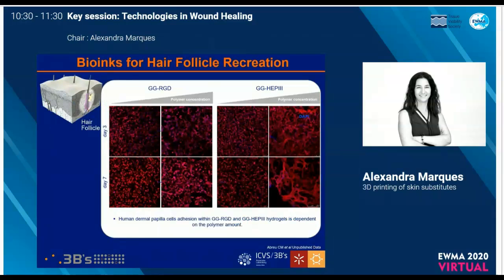So if we look here again, the same analysis, this is for the RGD peptide, and this is for the EP3 peptide, and again the dependence on the polymer concentration, we can clearly see that the addition for both EP3 and RGD is dependent on the polymer concentration or amount, and it's very clear that cells are able to adhere to a greater extent to the EP3 peptide.